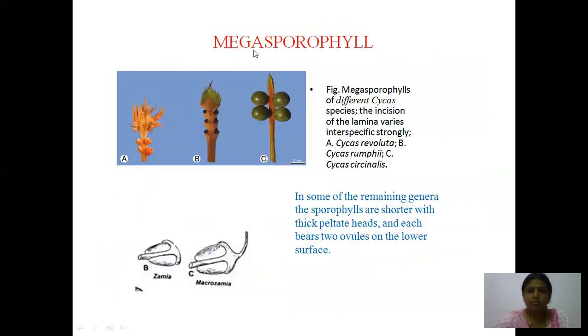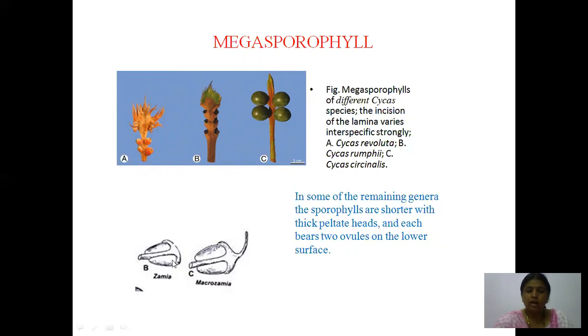Here you see megasporophylls of different Cycas species, that is Cycas revoluta, Cycas rumphii and Cycas circinalis. Here are some of the sporophylls of Zamia and Macrozamia. These structures in Zamia and Macrozamia are known as the peltate head, and these bear two ovules.